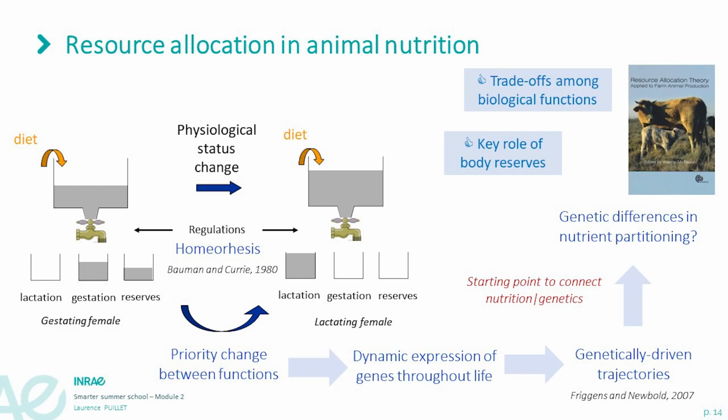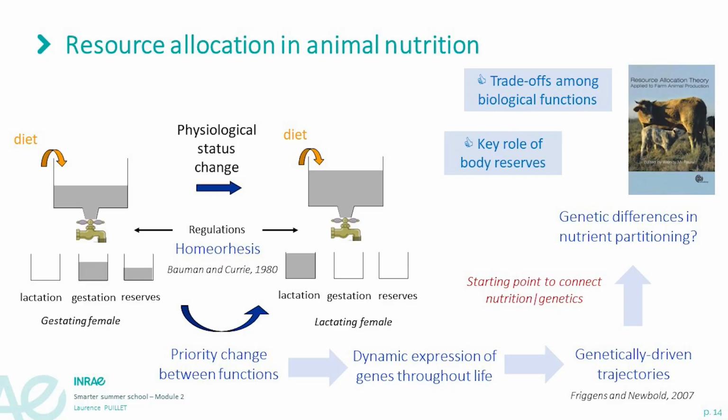And if you remember the beginning of my talk on the inherited allocation pattern, it's exactly the same for a cow, a sheep, or a goat. Male or female. This example is female because it's easier with a female, but these changes in priority between functions are just a reflection of the dynamic expression of genes.